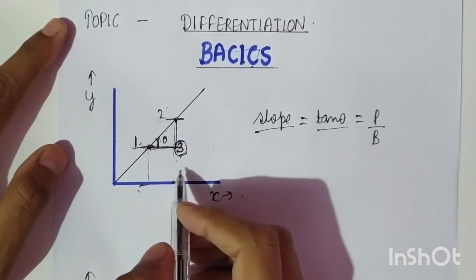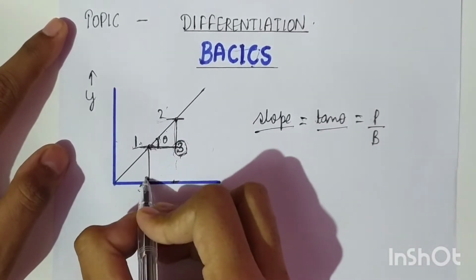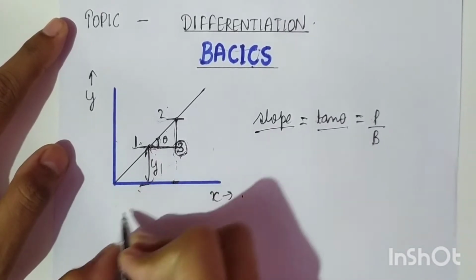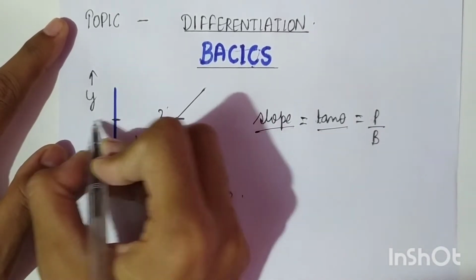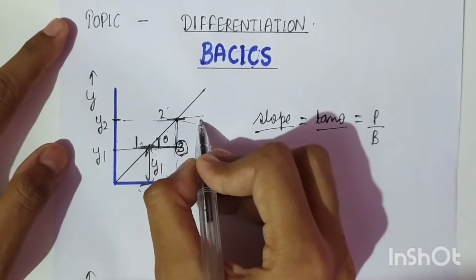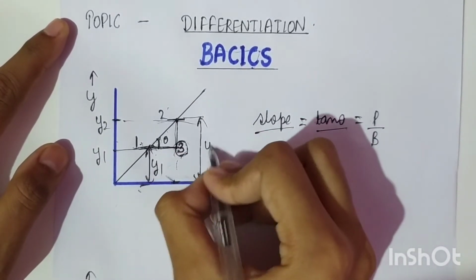So we can assume that the distance of point 1 from the x-axis is y1. As you can see, here is y1, and here we have a point y2. This distance of point 2 from the x-axis is y2.